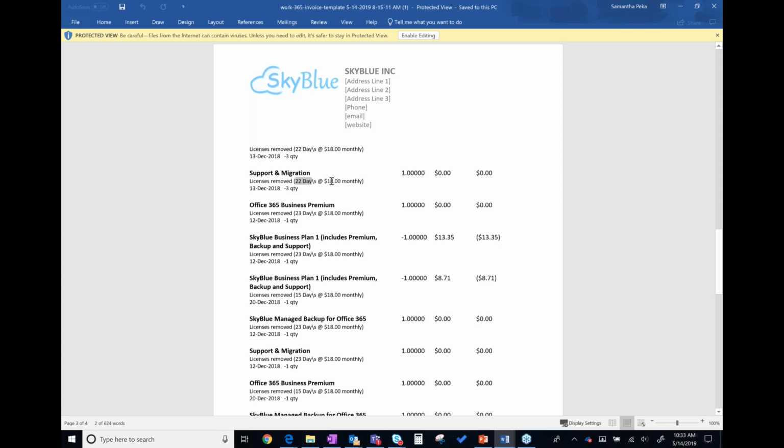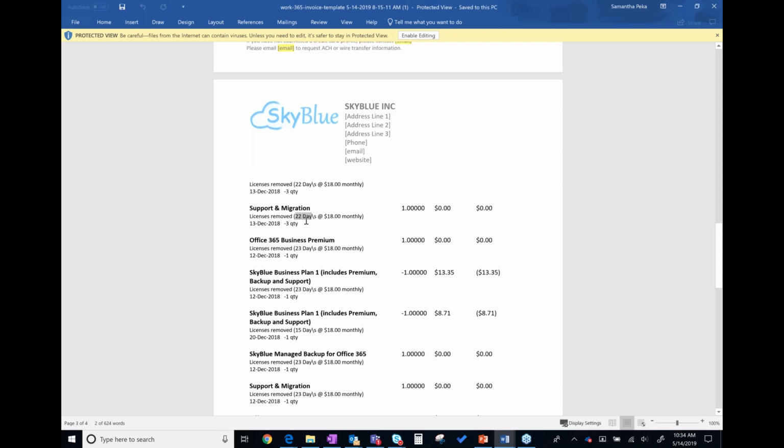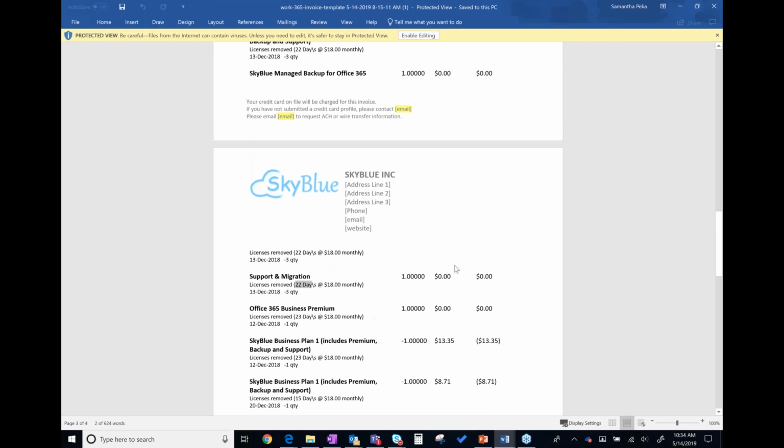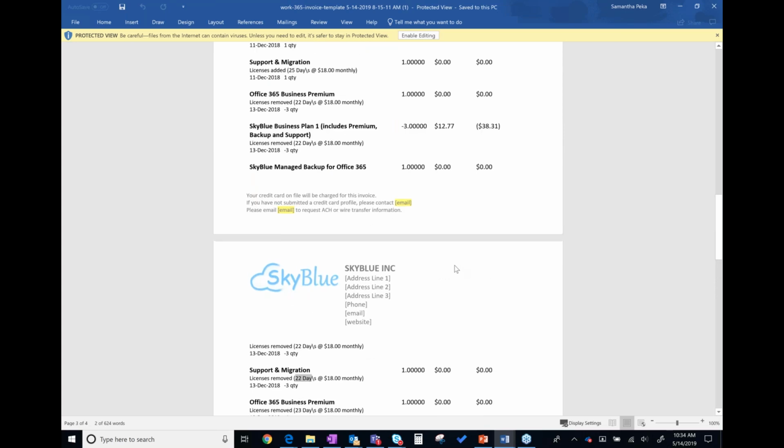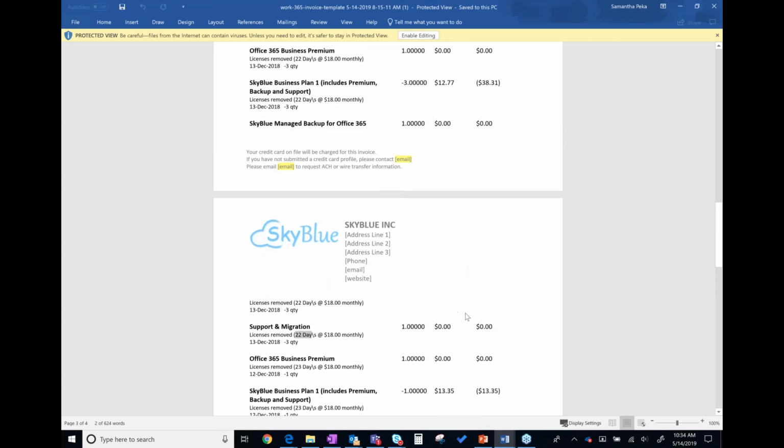It takes that specified number of days multiplied by the quantity that was added or reduced, and the price per that line item, and then it has a total. This subscription is a child subscription of a real product, so it's non-billable.